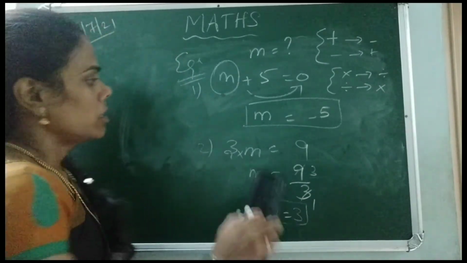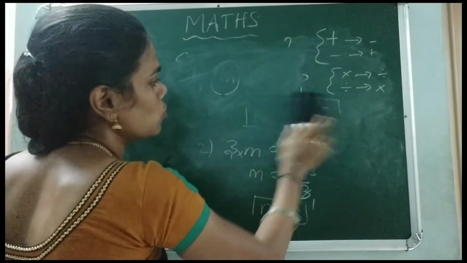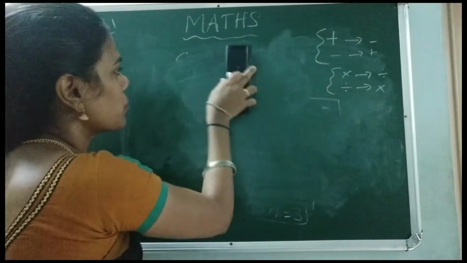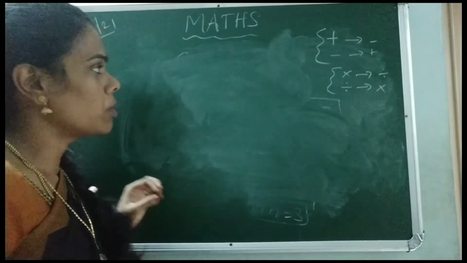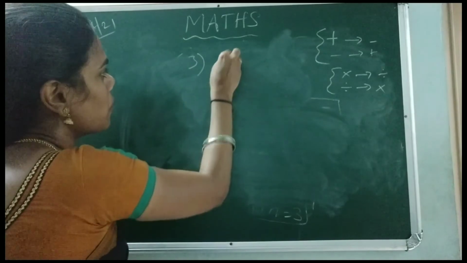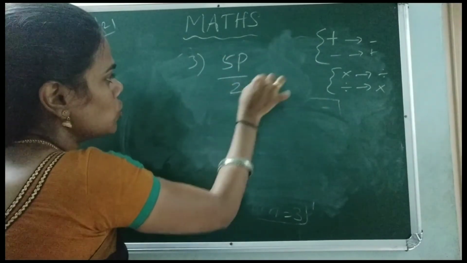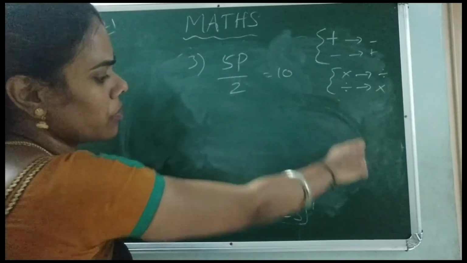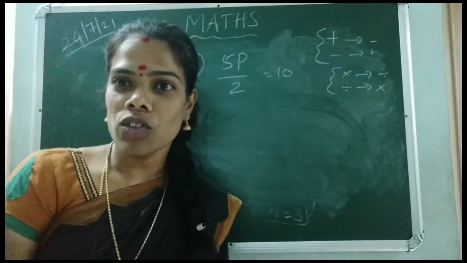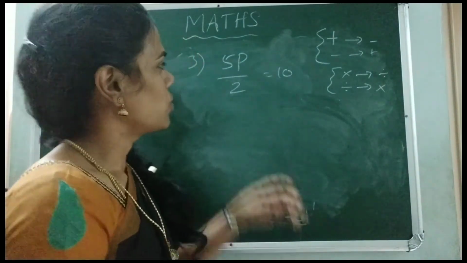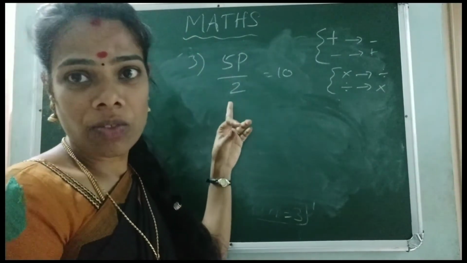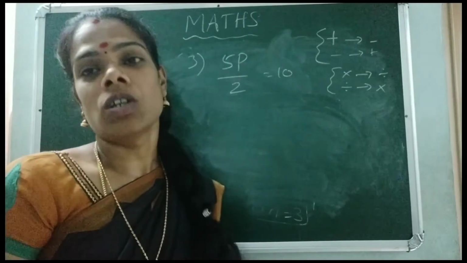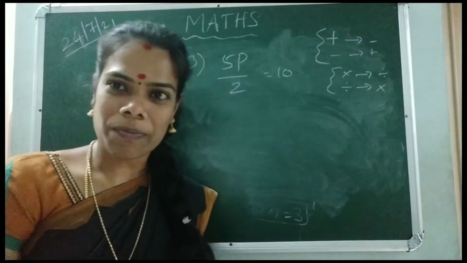Okay, two more problems I will take for you. Suppose I take the third problem, 5p by 2 equal to 10. How can you find the solution of this equation? It is a combination of multiplication as well as division. So which operation should you do first?